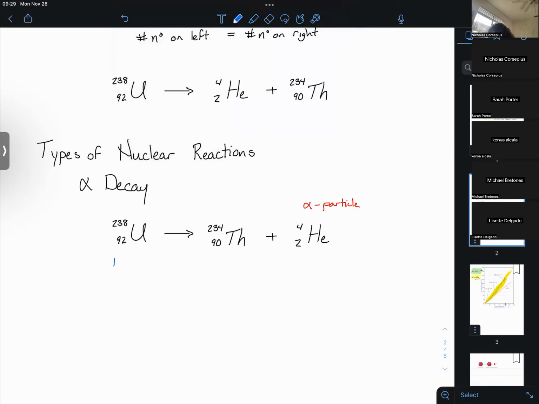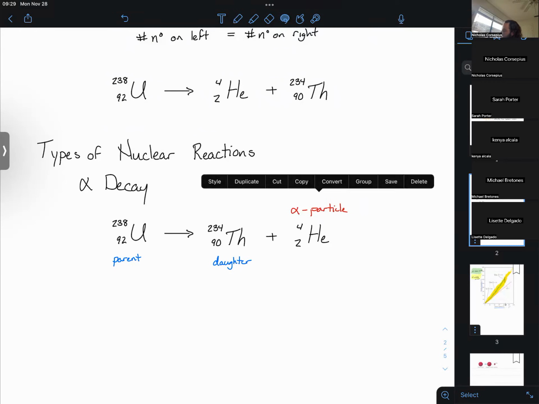The one on the left we call the parent nuclide, and the other big one on the right we call the daughter nuclide. And again, that helium that's being shot out is that alpha particle. All right, so we got alpha.